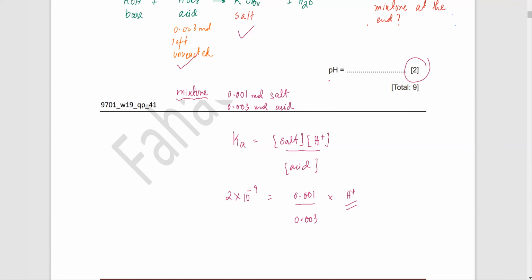So can anyone, Sarah, can you try and find what the H plus 1 concentration is? And find the pH as well. 6 into 10 power minus 9 H plus 1.